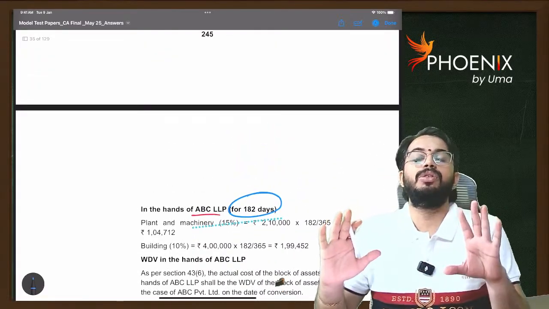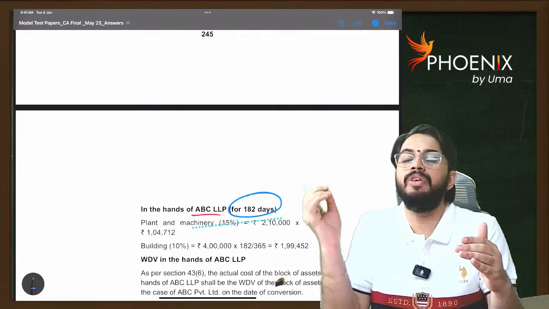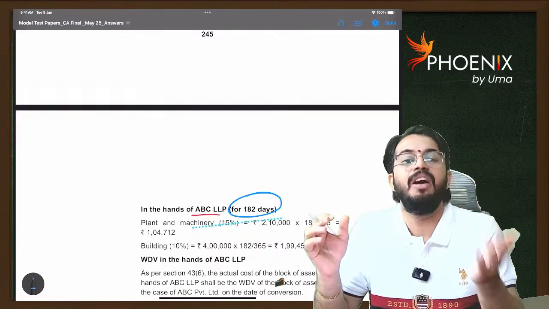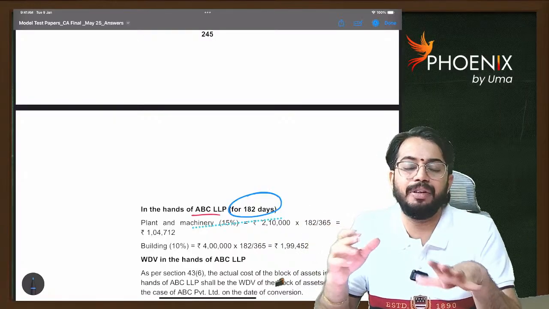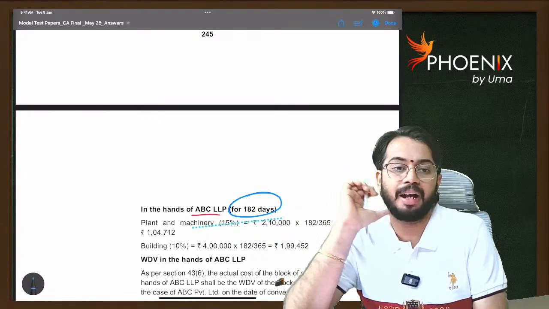So what will you do? You will take the written down value in the books of the private limited company and apportion the depreciation. After apportioning the depreciation, the balance written down value will continue with the LLP. Are you able to understand?